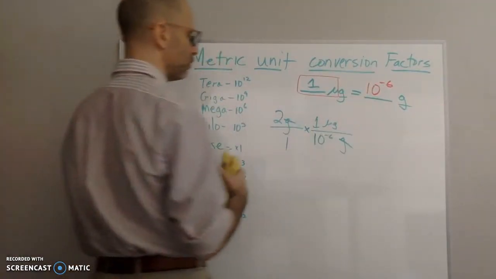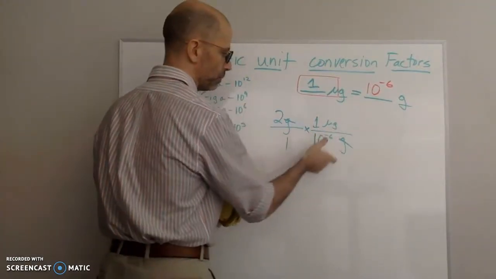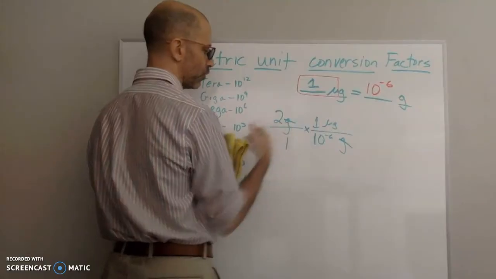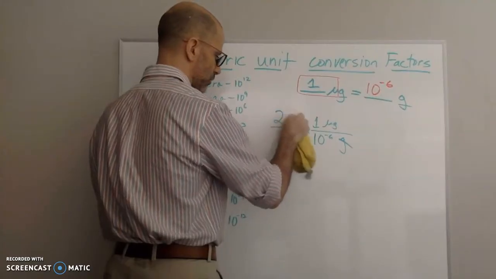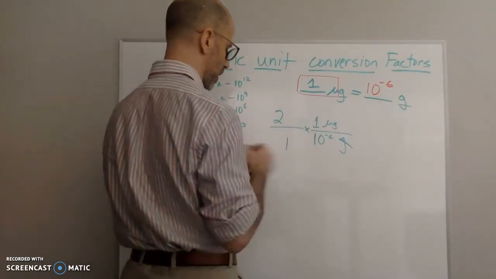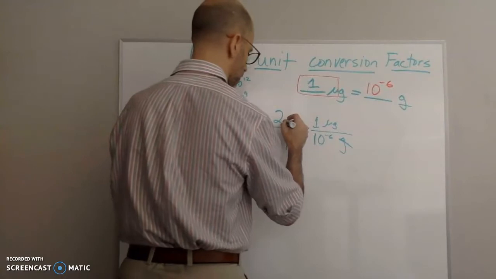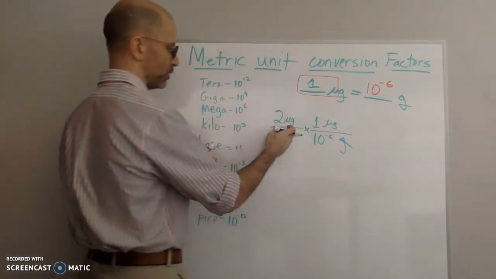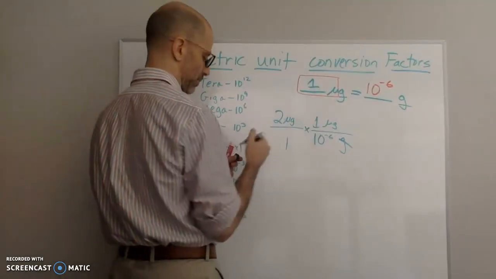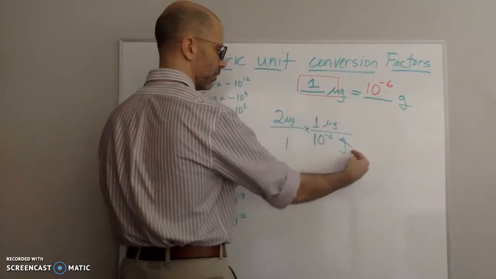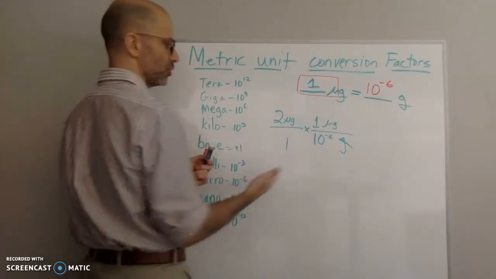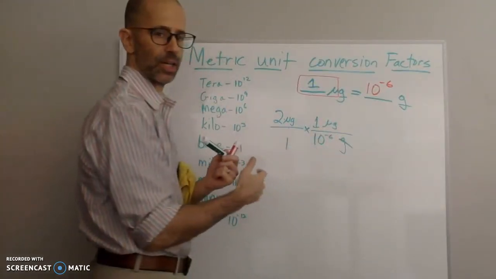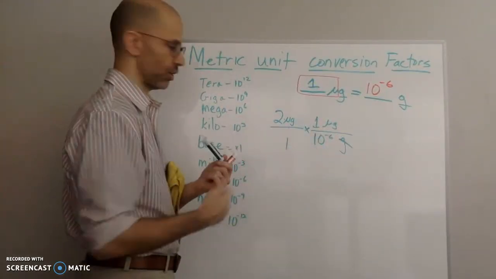And it would be flipped if instead of grams, I had micrograms. So if I have micrograms and I want to convert micrograms to grams, then I need to flip the ratio to get a different conversion factor in order to convert.